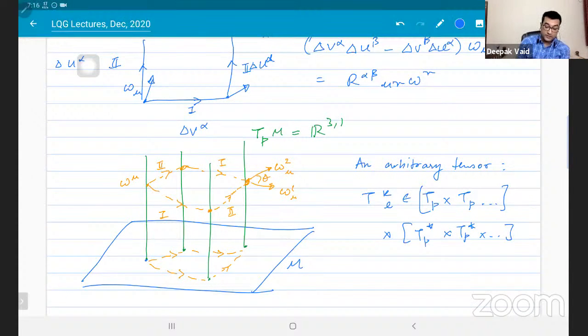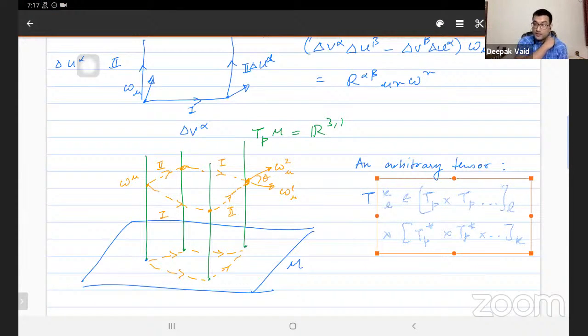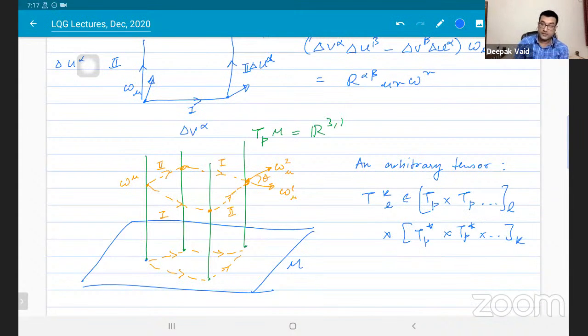Right, so this would be L and this would be K. So your fiber bundle would then become, your fibers would become this tensor product of the tangent spaces.